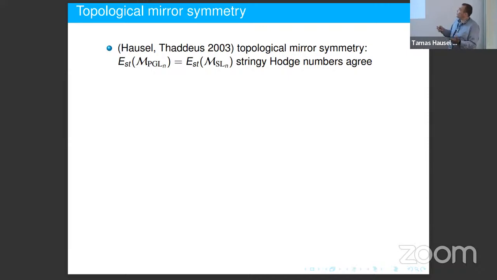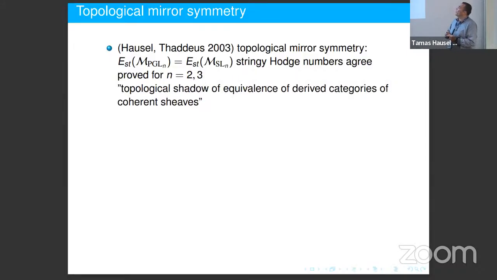That's why we had to find PGL_n and SL_n different, a pair of distinct groups which are Langlands dual. And anyway, there were many technical reasons why this was the good class where to test this mirror symmetry. So we proved this for n equals 2 and 3. We already considered it as the topological shadow of equivalence of derived categories of coherent sheaves, something which will be more clear in the next slide.